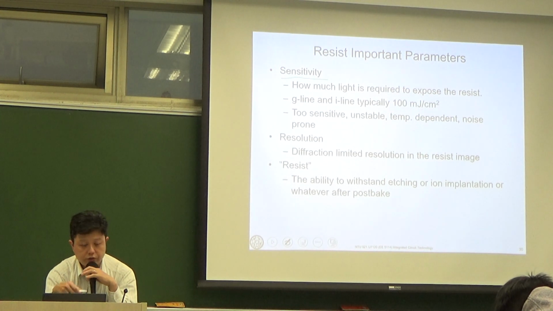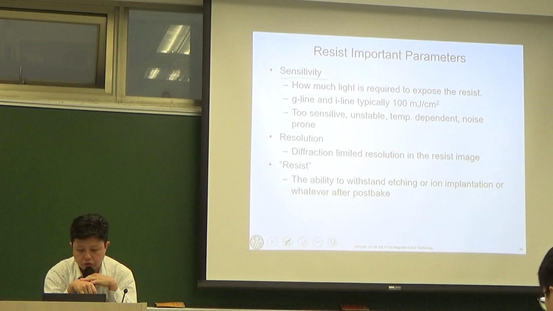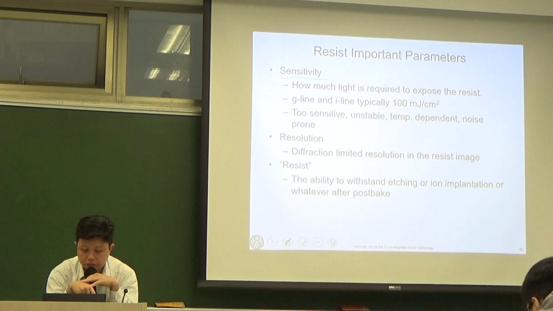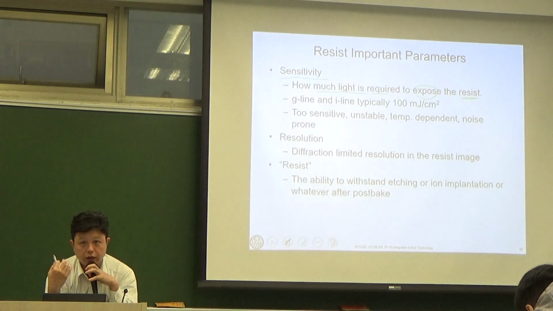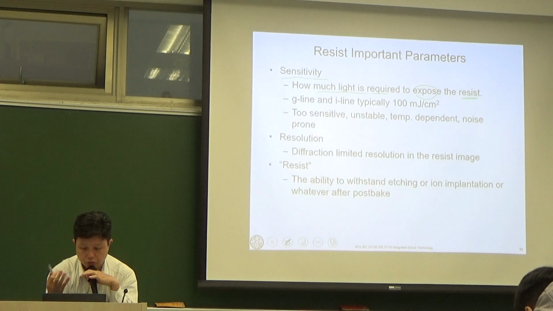If it's not that sensitive, then maybe your dose time has to be increased. So that relates to how much light is required to expose the resist. When you say expose, it means the chemical reaction fully happened, and the material property in the area you want to expose will change totally.